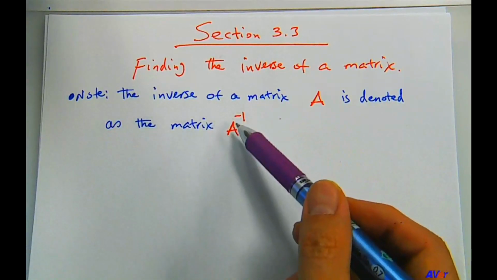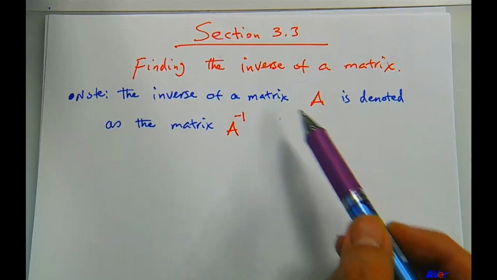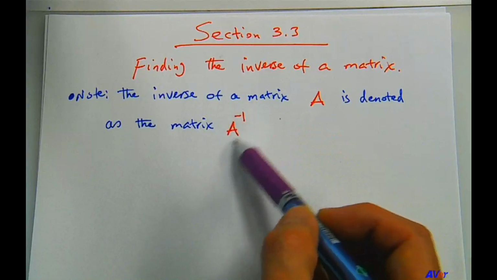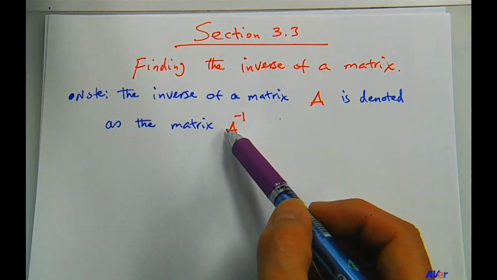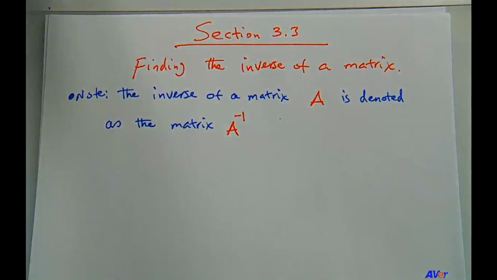So this -1 in the upper right corner is not a power, it's just a label. It's how we label the inverse of any matrix. So that's the first thing we want to mention.